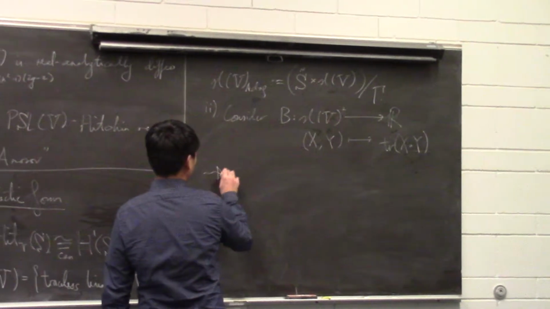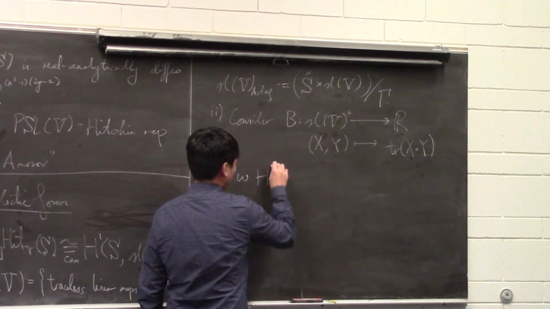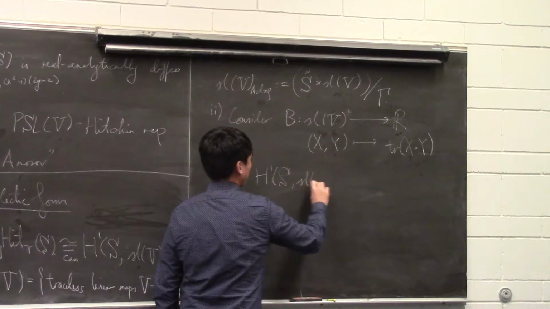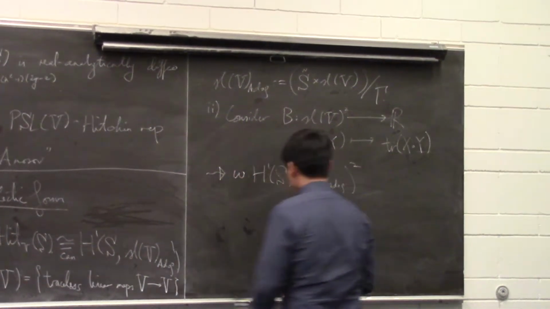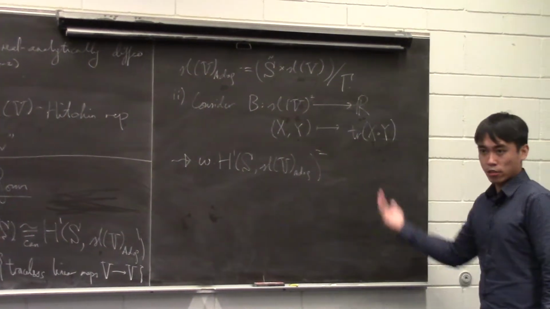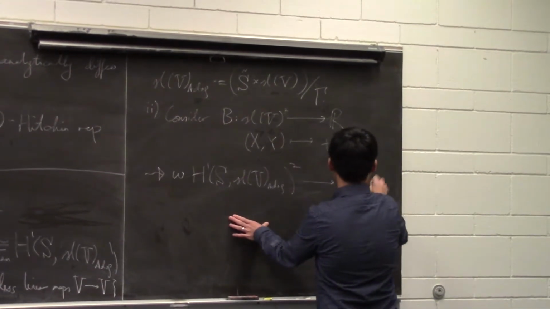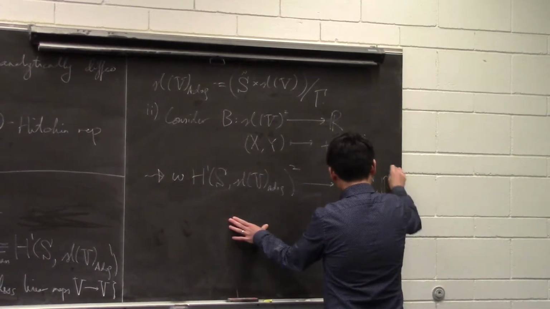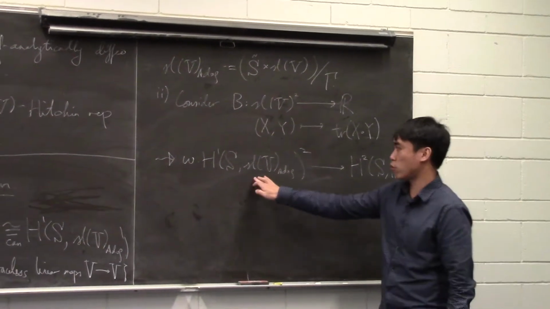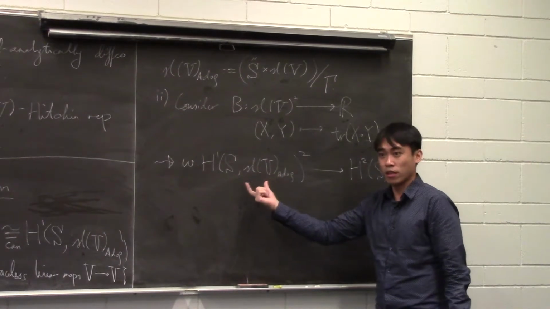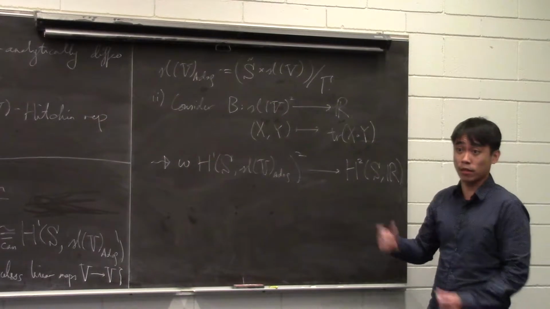Using this, you can construct another bilinear pairing, but this time on the first cohomology of the surface with coefficients in this flat bundle. The way you define this bilinear pairing is a two-step process. First, you send this to the second cohomology of your surface with coefficients in R. When I give you two cohomology classes, the usual way to combine them to get a second cohomology class is to use the cup product.